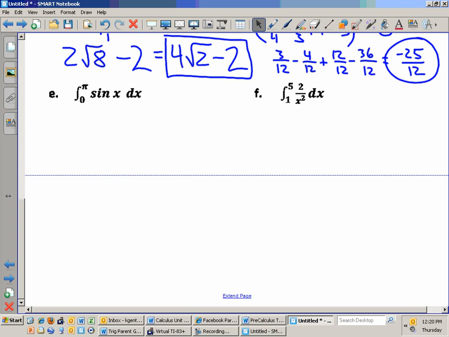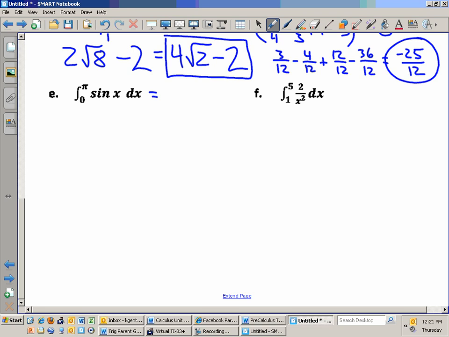Yes, I do. It's just we do not know near enough calculus to investigate that. Yes, you don't know what the antiderivative of sine is. What is it? Negative cosine. Think about it. If you take the derivative of cosine, you get negative sine.